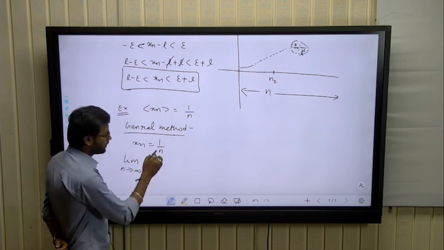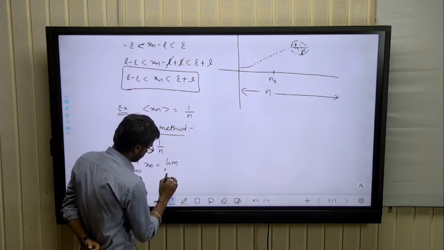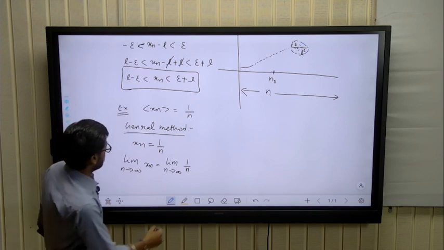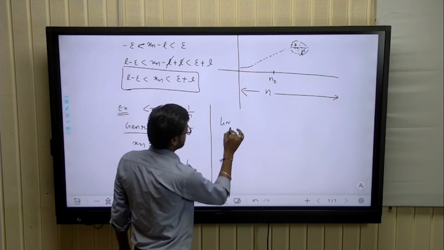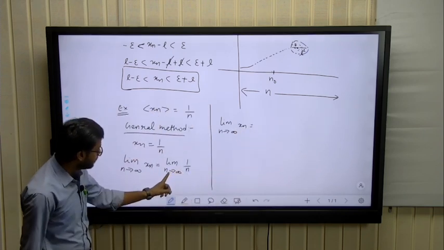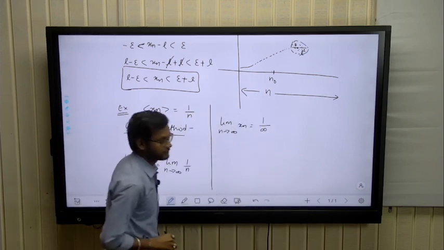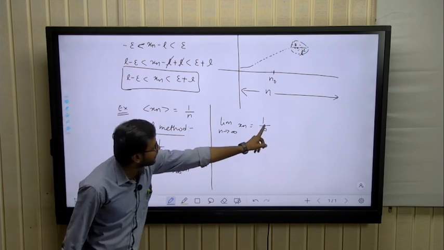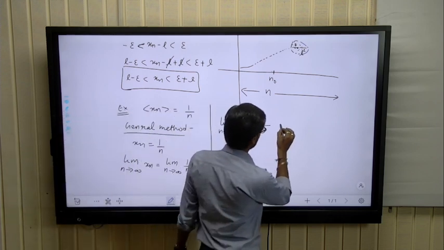If I want the limit of the sequence 1 upon n, then on the left hand side we have the limit as n tends to infinity of xn, and on the right if we put n tends to infinity, then this becomes 1 upon infinity. We all know that 1 upon infinity is equal to 0.